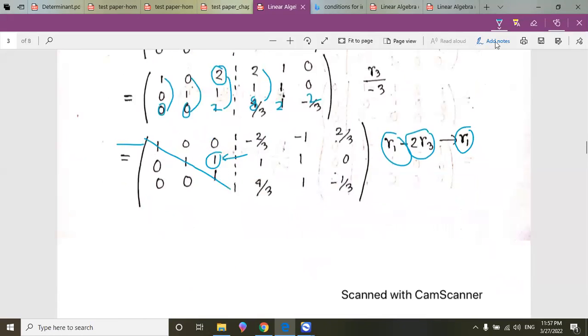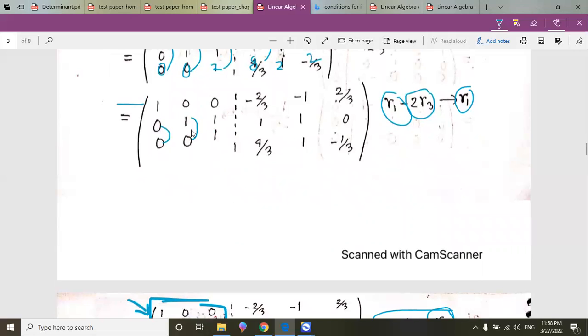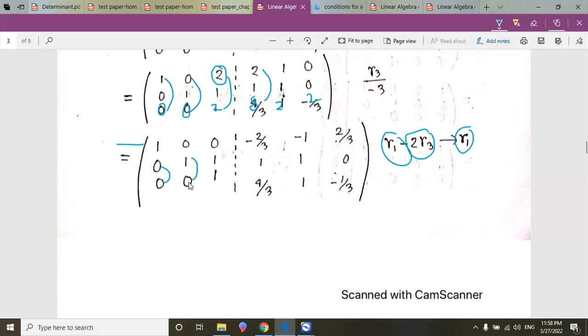0 minus 0 is going to be 0. 0 minus 1, if we do it this way, I mean R3 minus R2, then we get minus 1, right? So that's why we don't do R3 minus R2.